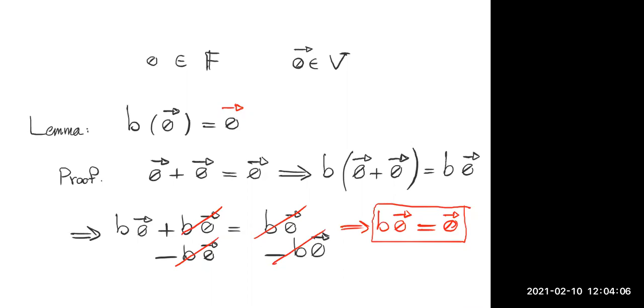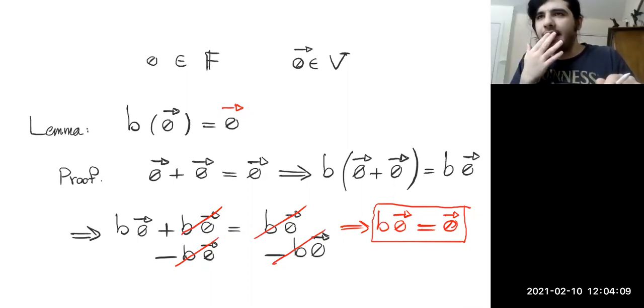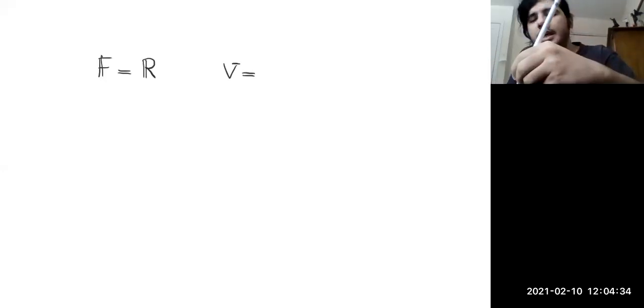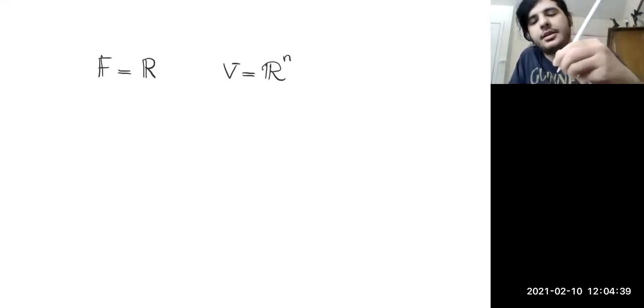So let me address another solution that I heard someone suggested. So when our field is the set of real numbers with its standard field structure, our vector spaces, as much as we know, usually look like something like this, Rn, right?